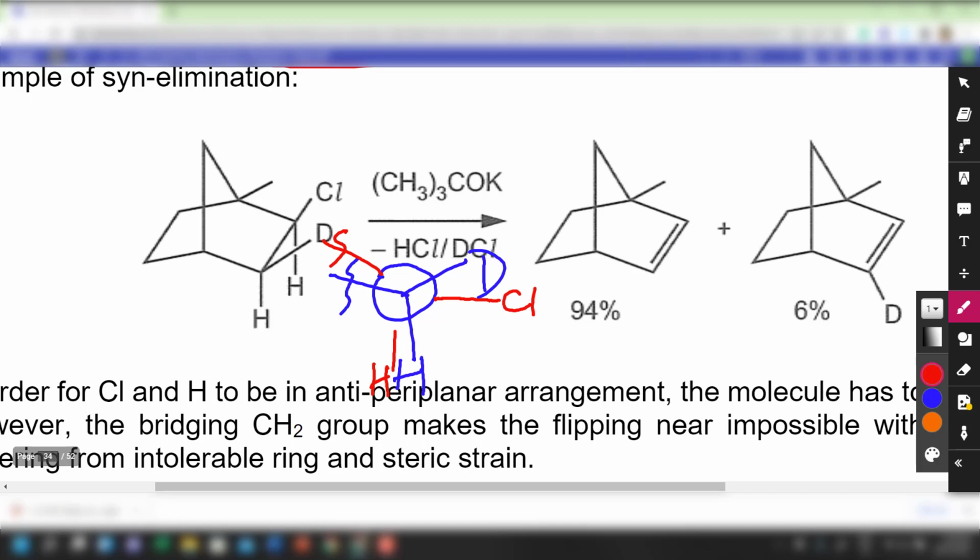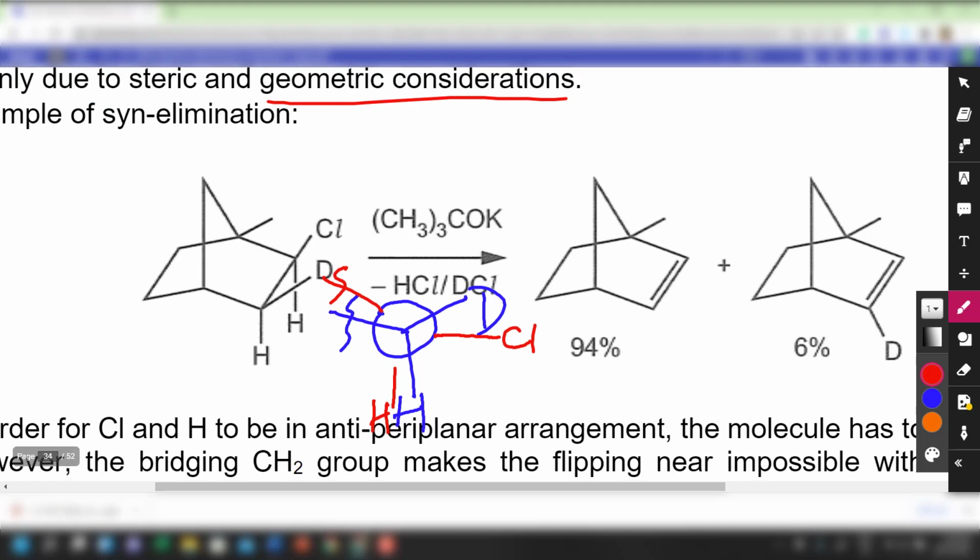Now, under normal circumstances, let's say these two groups are not fixed, just a random example.